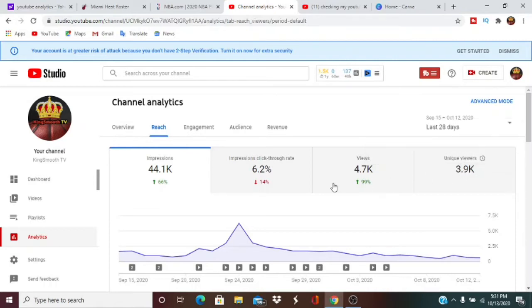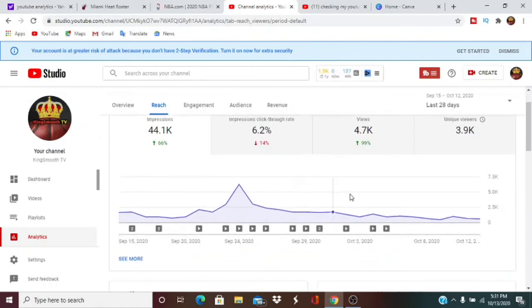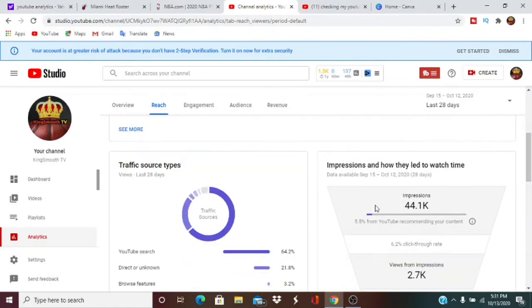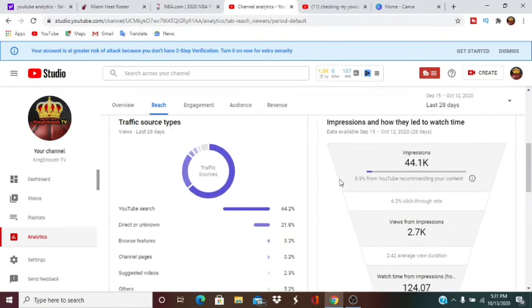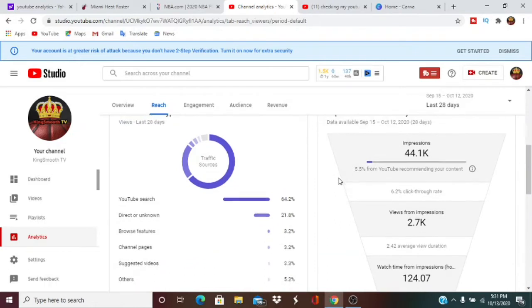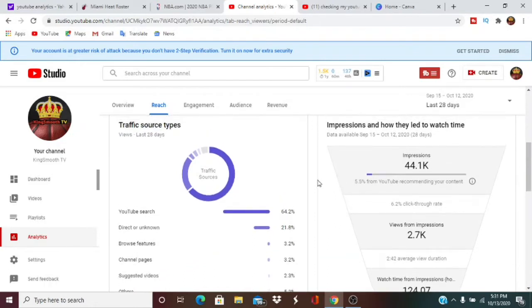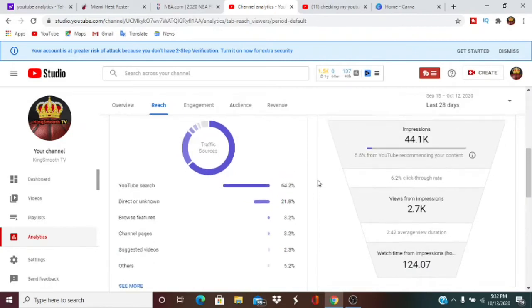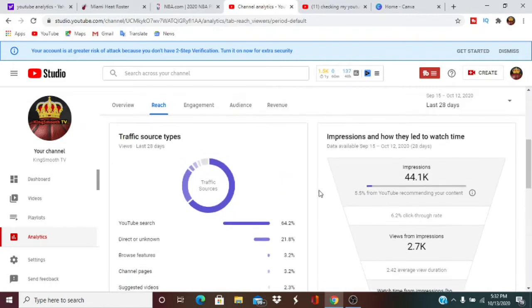So look at the graph right here, go across. I can see how it is. It's not good. It could be better, but I'm just showing you how you guys can look at your analytics and kind of scale your channel and see where you're going with it and what you need to do to improve.